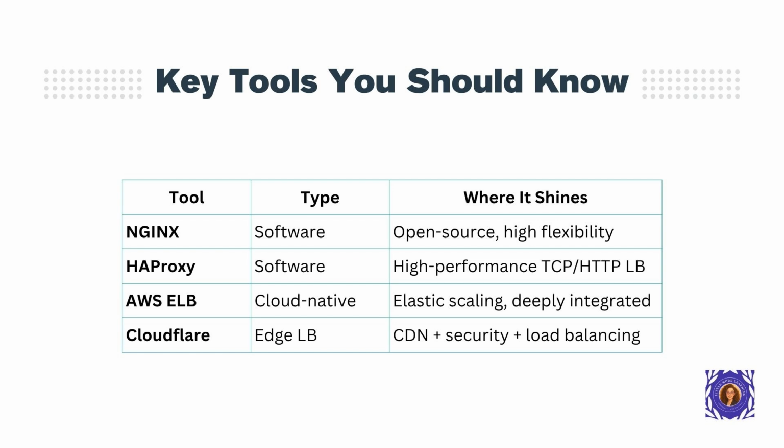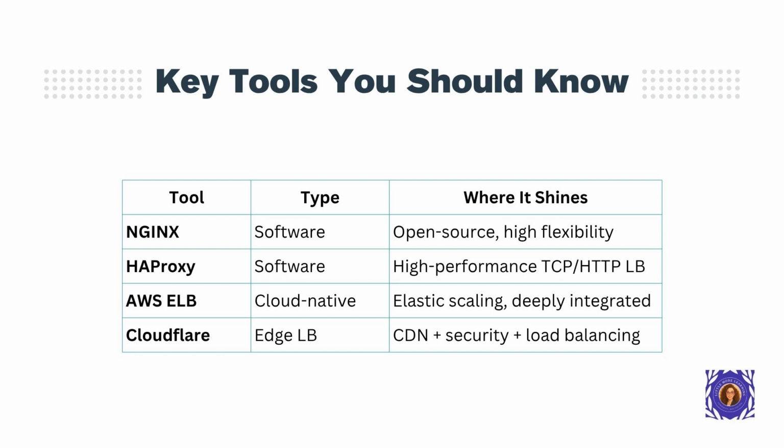HAProxy, another popular open-source choice. HAProxy is renowned for its high performance, particularly in handling TCP and HTTP load balancing for demanding, high-concurrency environments. AWS ELB, Elastic Load Balancing, Amazon Web Services' managed load balancing service. It offers automatic scaling, deep integration with other AWS services and various types, including application load balancers, Layer 7, and network load balancers, Layer 4.